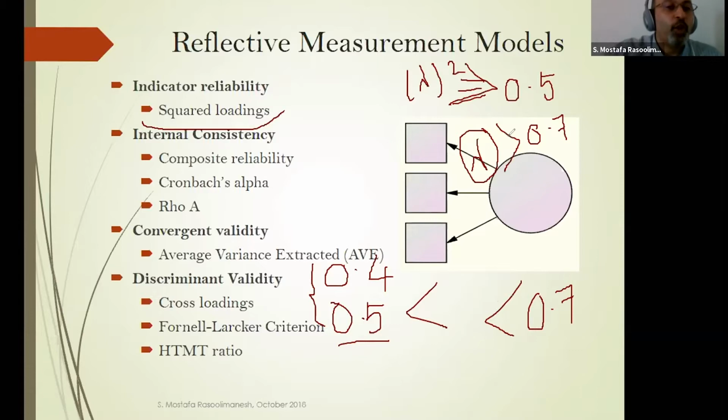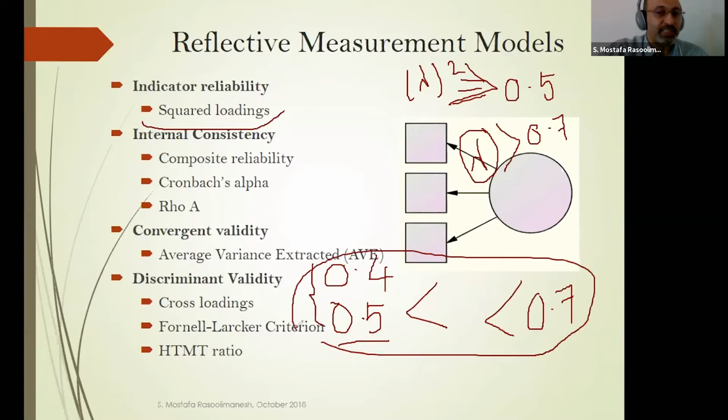So if we have a loading higher than 0.7, it's fine, confirmed. But if we have a loading between 0.4 and 0.7, we need to check other criteria. If other criteria are greater than the threshold, meeting the minimum value, we can keep this item. We can keep an item with a loading between 0.4 and 0.7.